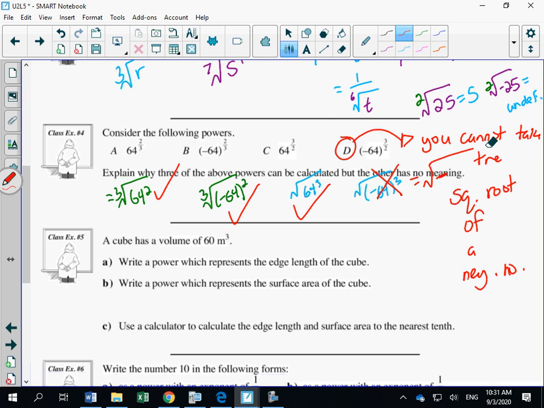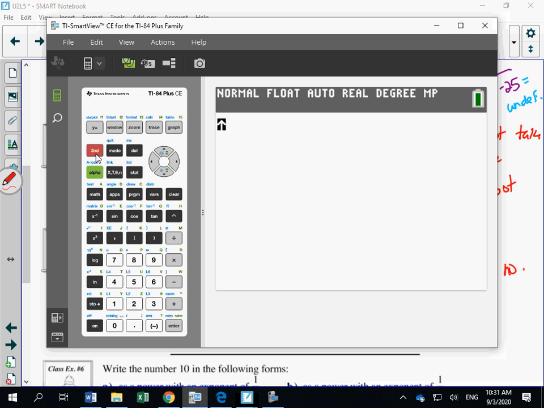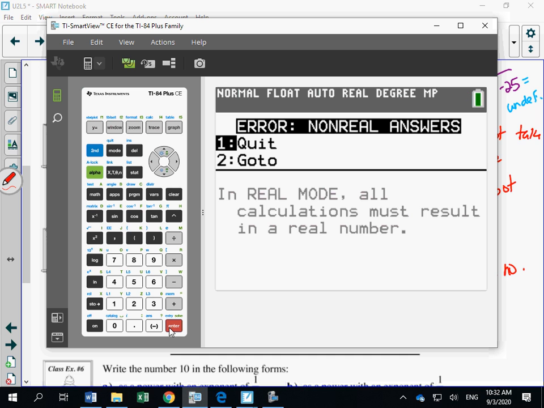And again, if I punch this into my calculator, the square root of negative 64 to the power of 3, let's see what we get. So the square root, open bracket, negative 64 to the power of 3, I'm going to get an error. It is undefined.